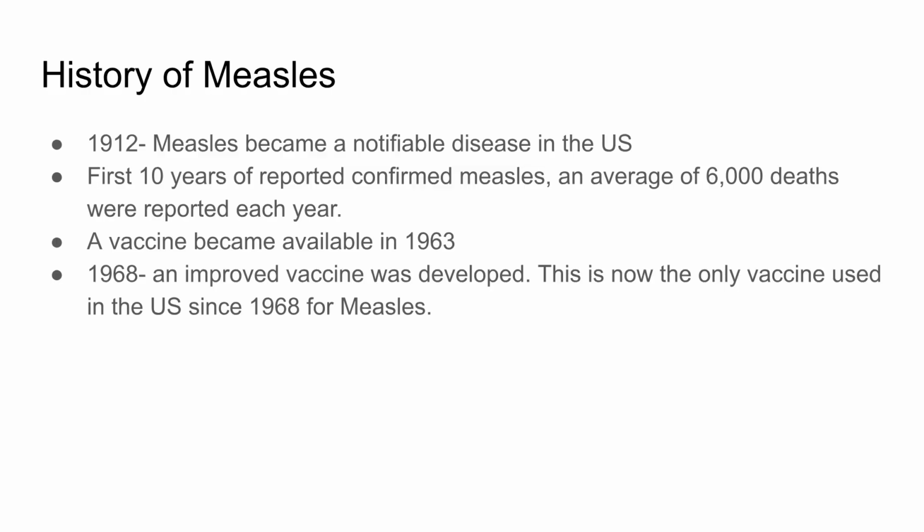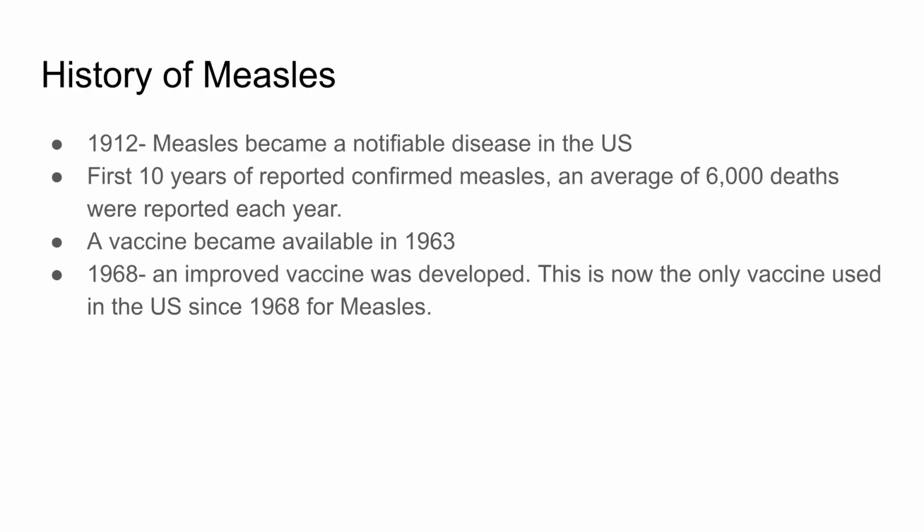However, 10 years prior to that, almost all children got measles by the time they were age 15, in which an estimated 3 to 4 million people in the United States were infected each year. Among reported measles cases each year, an estimated 400 to 500 people did die.